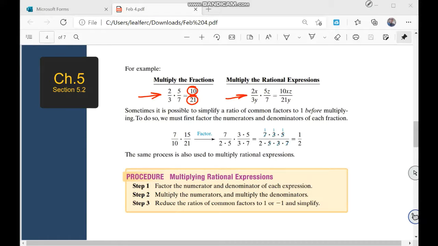If we're multiplying 2x over 3y times 5z over 7, you have on the numerator 2 times 5, 10, x times z, and on the denominator, 3 times 7, 21, times y, 21y. That's the same thing we apply for numbers, for fractions, we're going to apply for rational expressions.